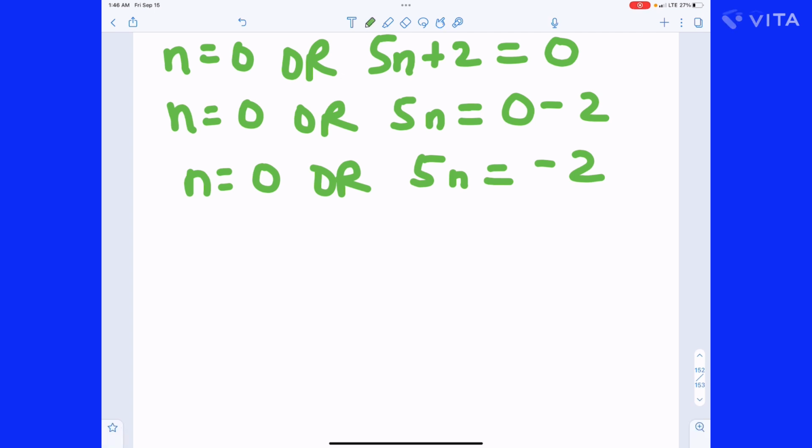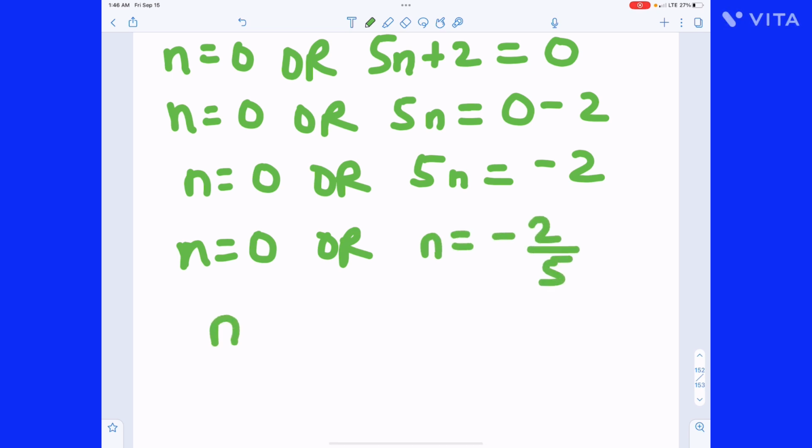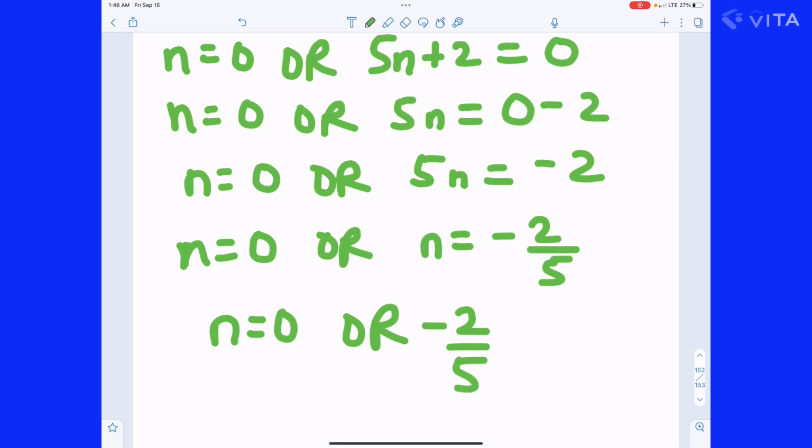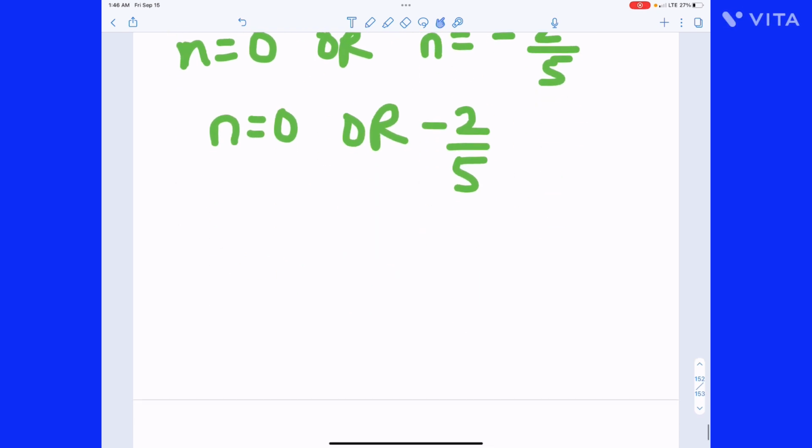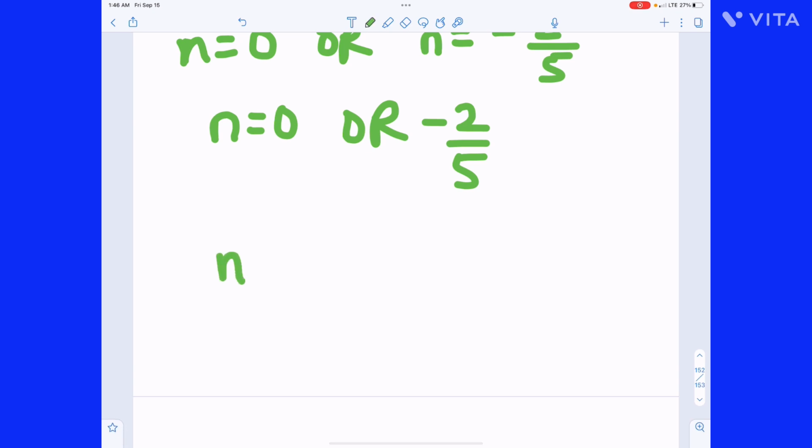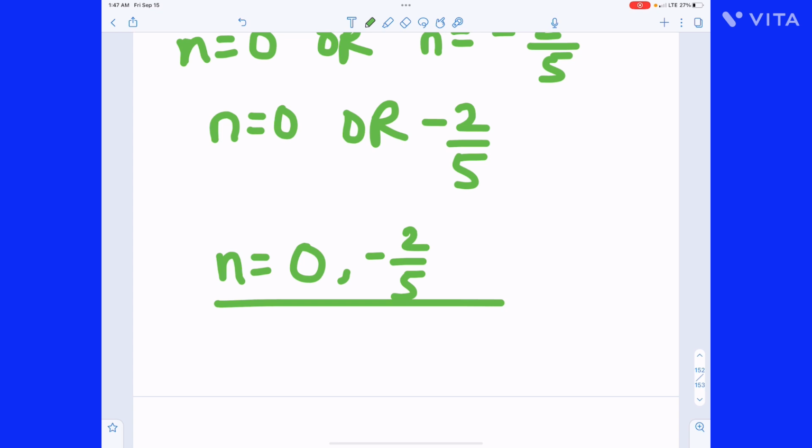What does this give you now? n is 0 or n is minus 2 over 5. You can put it together here: n is 0 or minus 2 over 5.